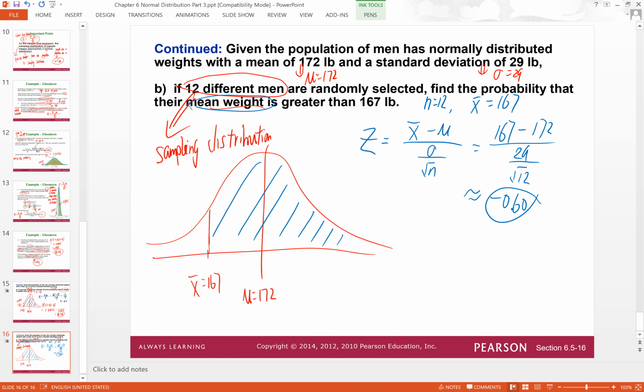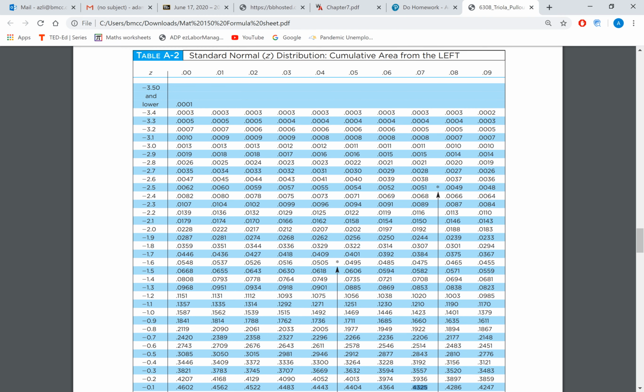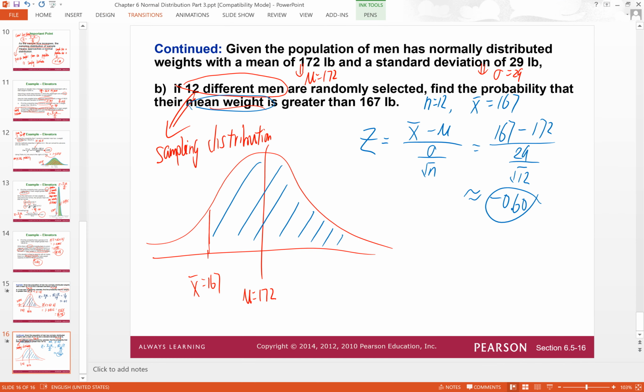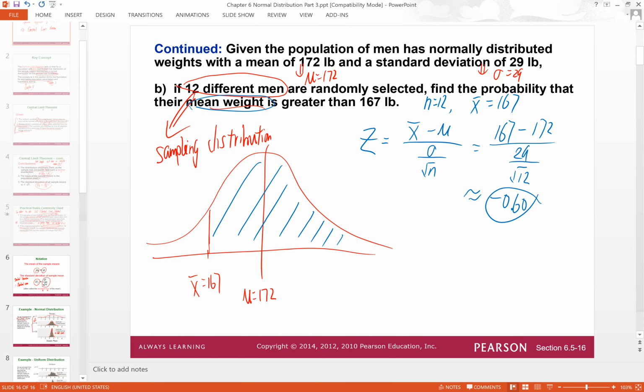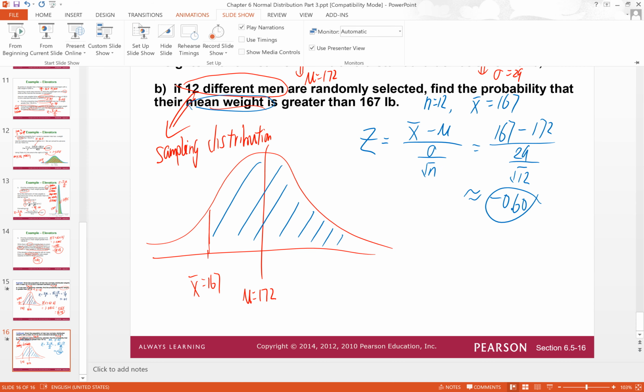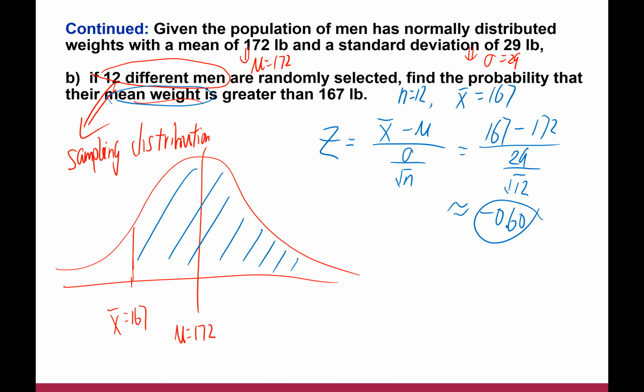Look for the probability for 0.60. It's right here, 0.2743. So that's the associated probability. The area to the left is 0.2743.